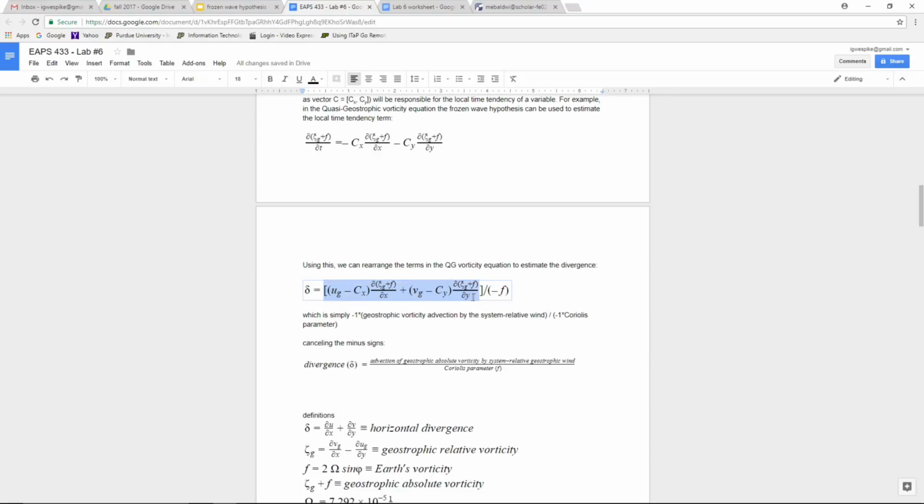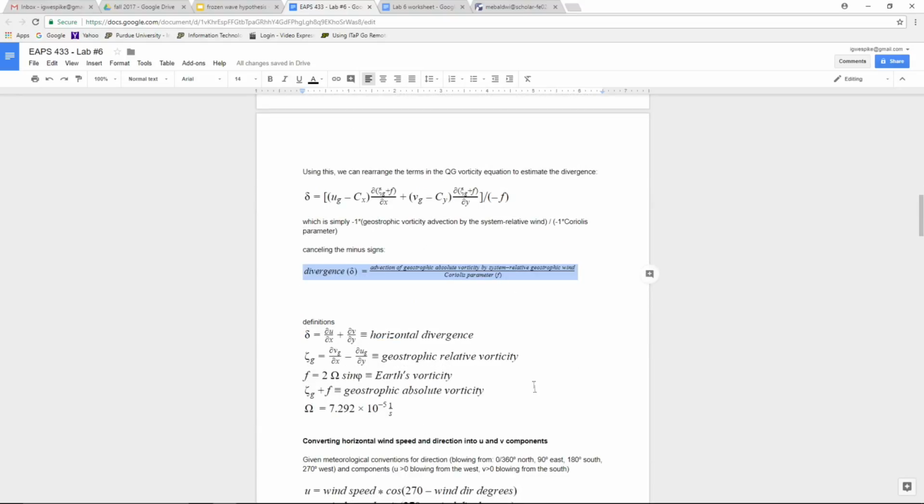And it just becomes the advection by the system relative flow multiplied by -1 in the numerator, and the denominator is just the Coriolis parameter, also multiplied by -1. And so if we cancel those minus signs, we get this expression that the divergence is equal to the vorticity advection by the system relative wind divided by the Coriolis parameter.